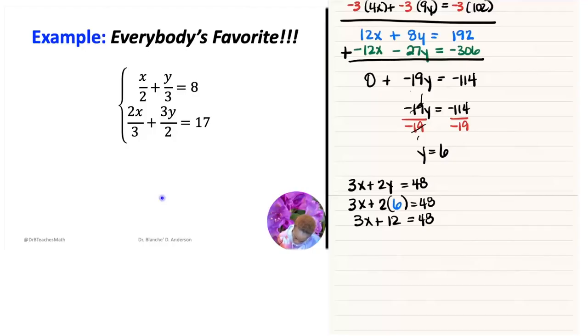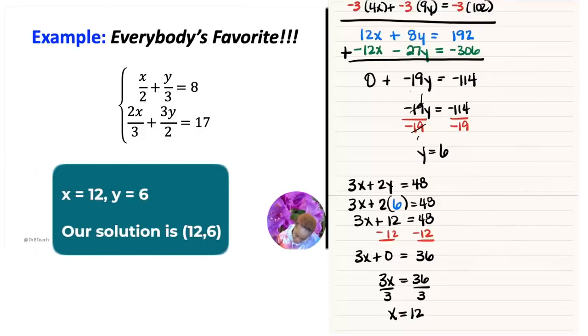We're going to subtract 12 on both sides because we need to get the x by itself. We're left with 3x plus 0 equals, what is that, 36? Do I do my math right? Yep, 36. So we have 3x equals 36. Divide by 3, divide by 3. We have x equals 12.